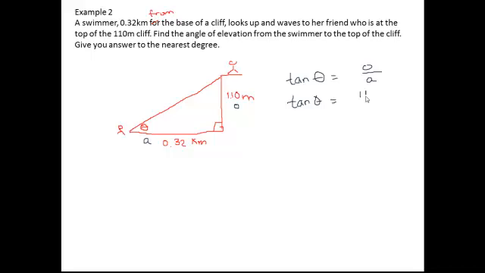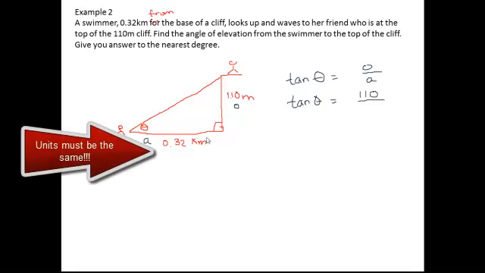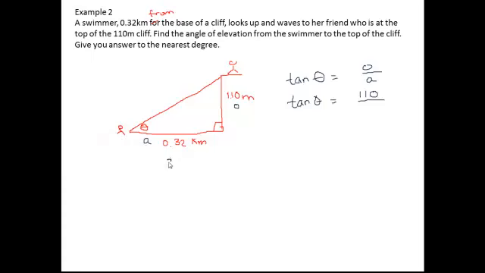The opposite is 110 meters. Now, hopefully you've noticed that this is in kilometers, and we need to have both of those measurements in the same units. So 0.32 kilometers is the same as 320 meters. Okay, you would just times that by 1,000 to go from kilometers to meters, because there's 1,000 meters in a kilometer.